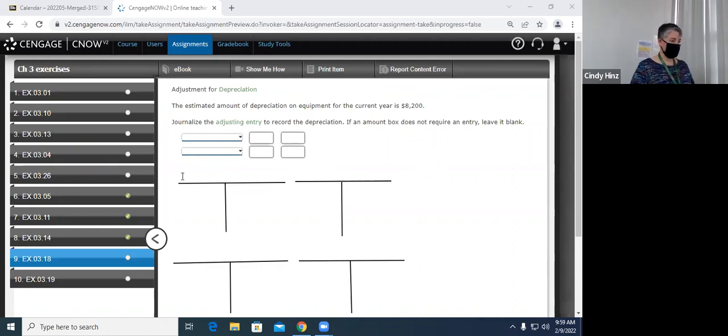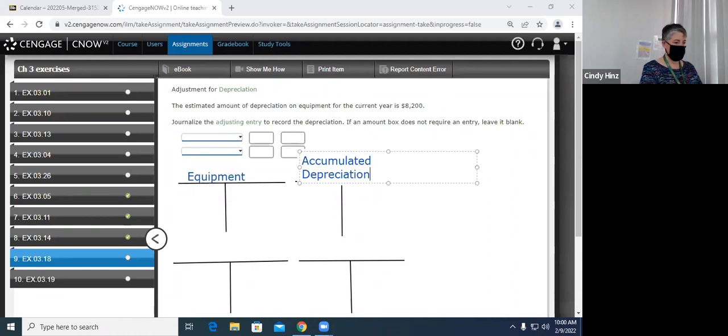So this is for equipment. So I'm going to have an equipment account. On Monday, we saw an account. I'm going to try to write this whole thing out. Accumulated depreciation for that equipment.